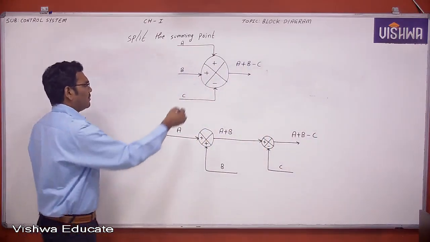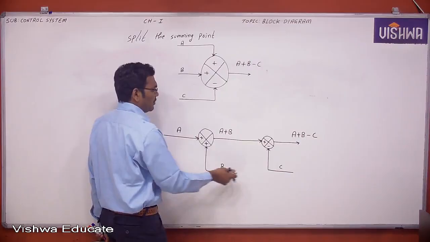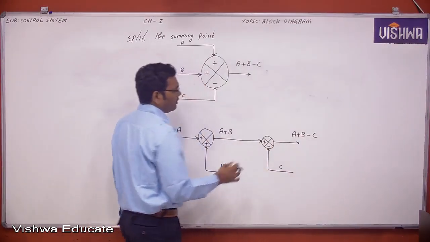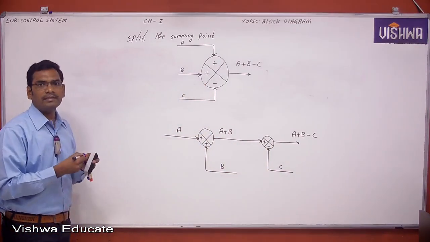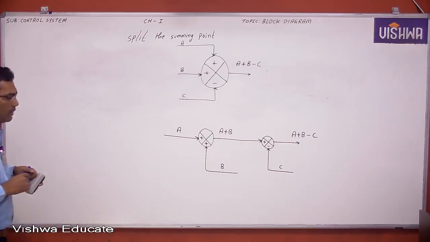Now this single summing point you can split into one is positive feedback, another one is negative feedback, or whatever it may be. Okay, you can split that single summing point into two summing points also. Okay.